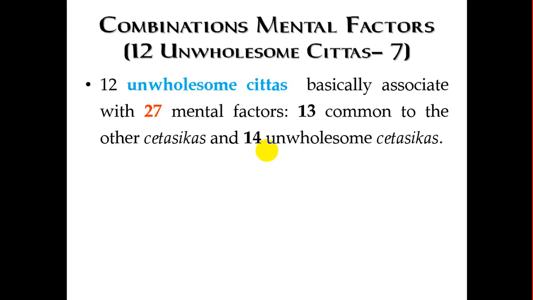I think it is quite clear that you have to forget about beautiful mental factors. The reason is these are ugly chetas. Ugly chetas are not associated with beautiful mental factors. Forget about 25, right? You have to consider the common to the others and the unwholesome mental factors.